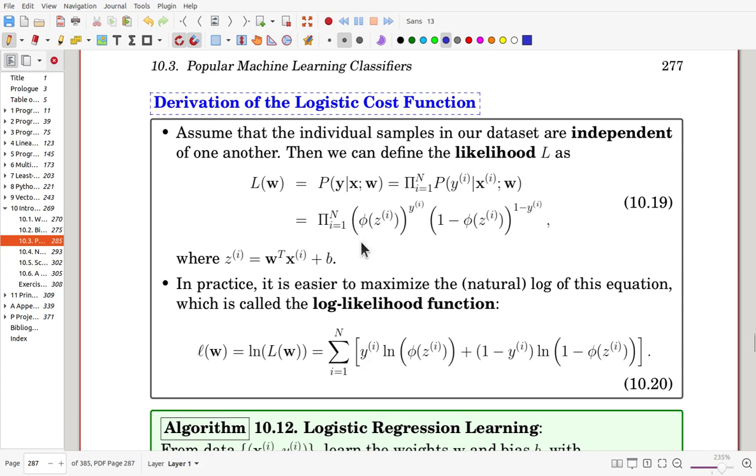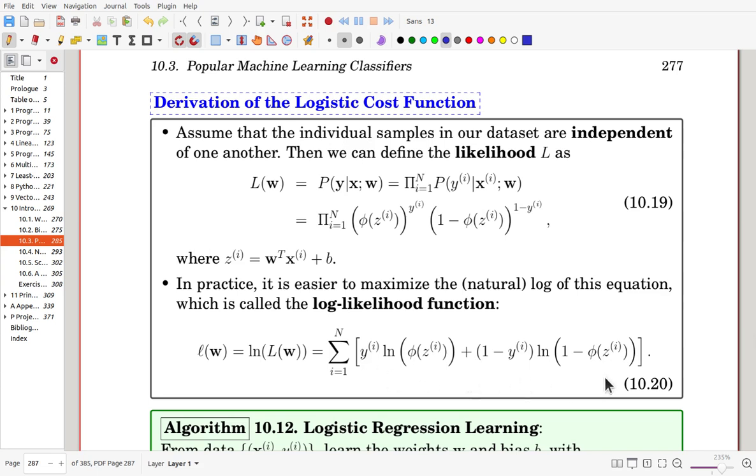Now, maximizing this likelihood is not easy because it involves powers and multiplication. So rather than this form, we try to maximize the log likelihood. By using the properties of logarithm, the power can come out, and multiplication is changed to addition in logarithm space. So we have that.